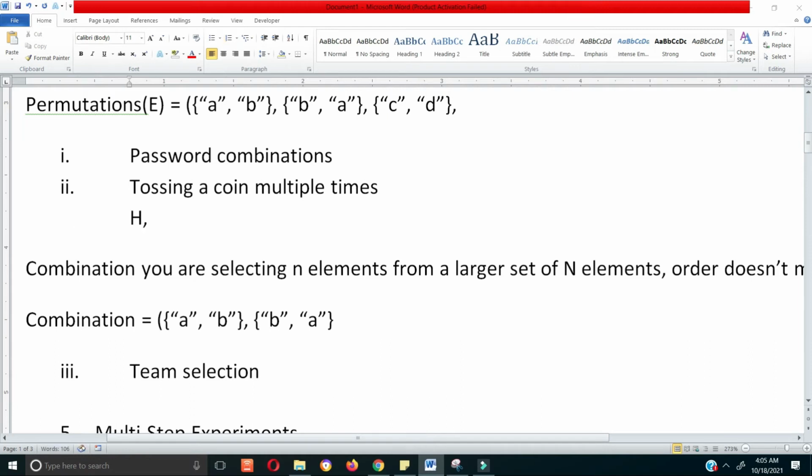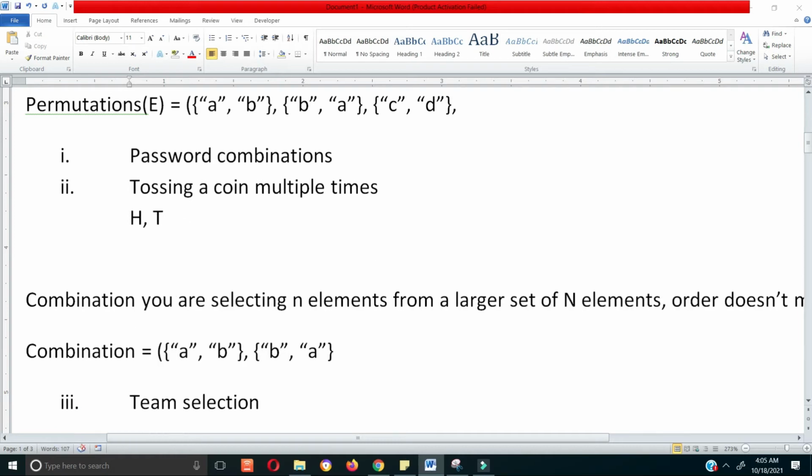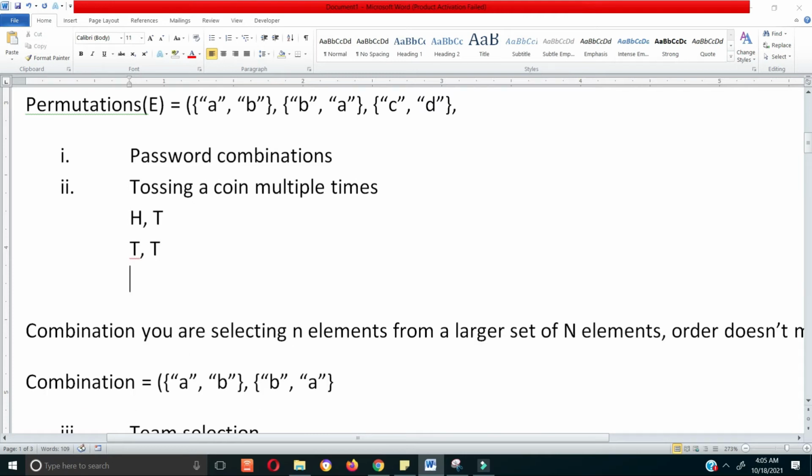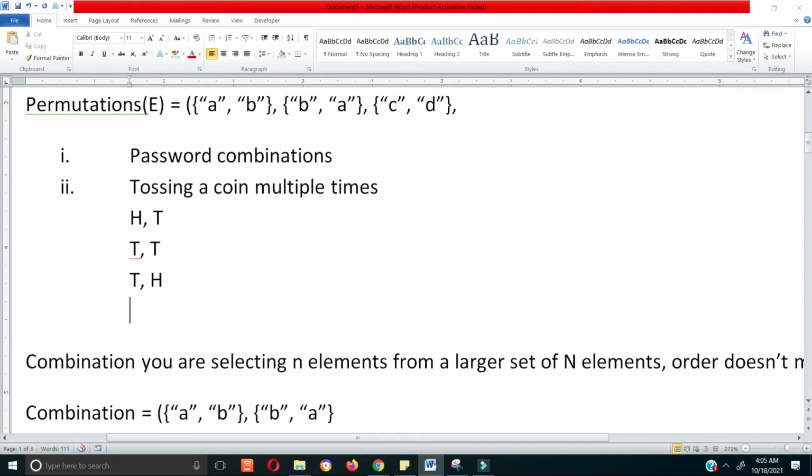Let's say you're tossing twice. Then the next you have tails. Then another outcome could be tails, then it could be tails, heads, and it could also be head. So these are actually different outcomes. These are technically different outcomes because this is what you get in the first. So this is really a permutation.